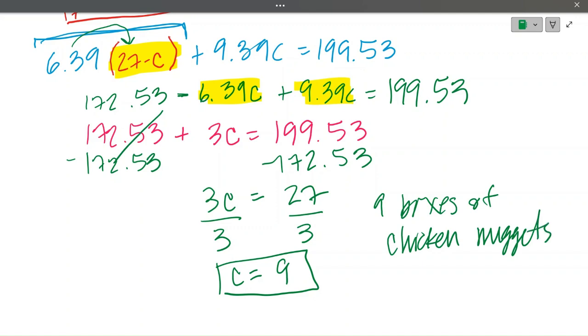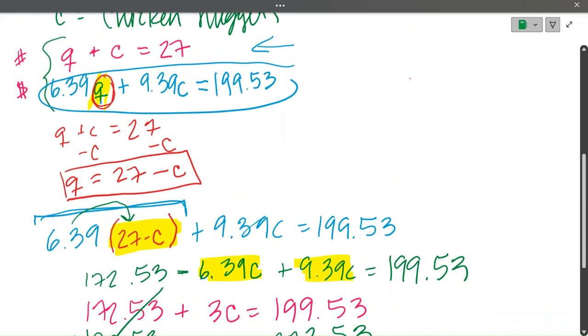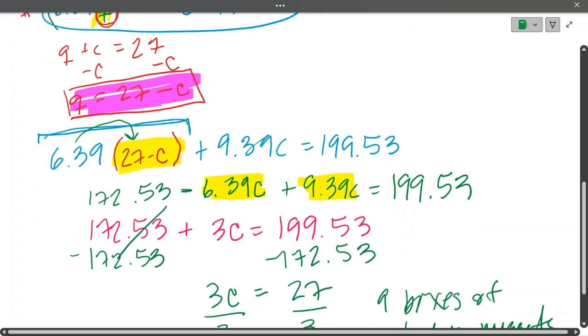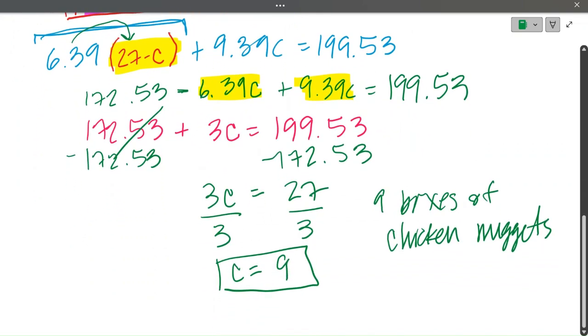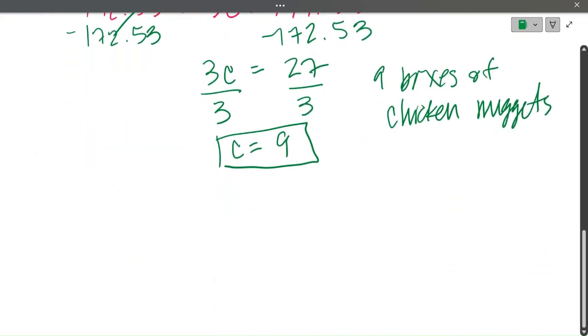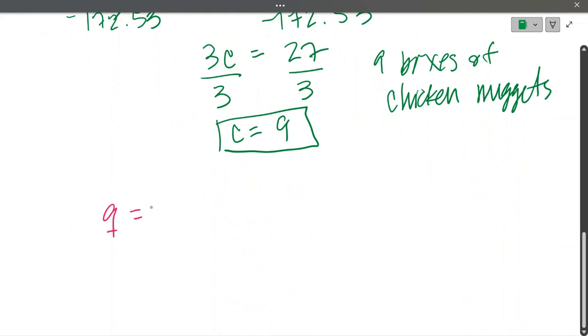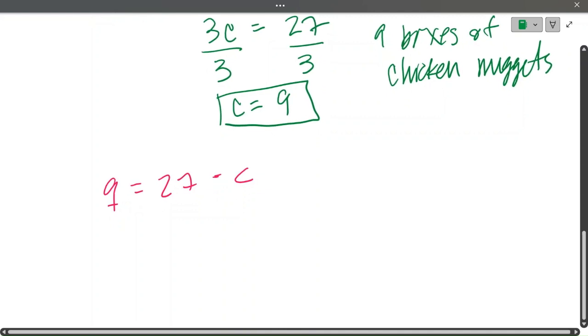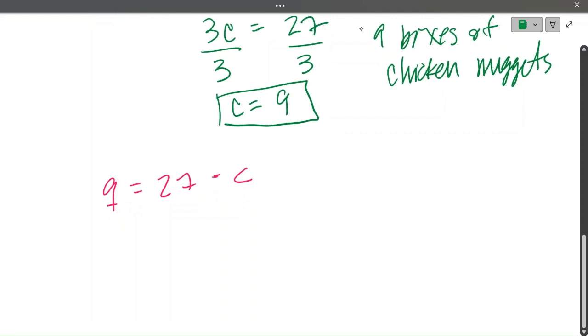Okay. And now I'm actually going to come back up here, and this equation right here, Q equals 27 minus C, that is what I'm going to use to solve. I'm just rewriting that down here. That's what I'm going to use to find letter Q, because Q is already isolated on its own side.